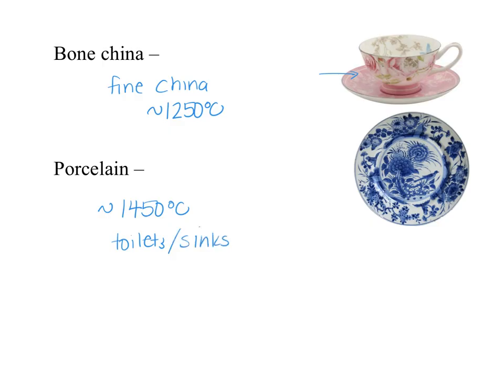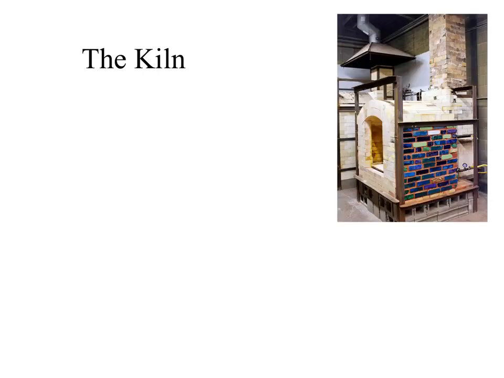So now that we've talked about these different types of ceramics and the temperatures they're fired at, I want to talk about the kiln for a second. So this is a picture of a kiln, and we already talked about that the redox conditions of the atmosphere will affect your pottery.